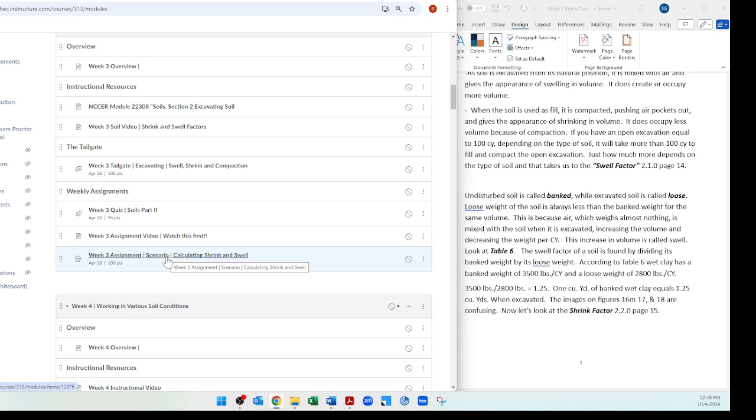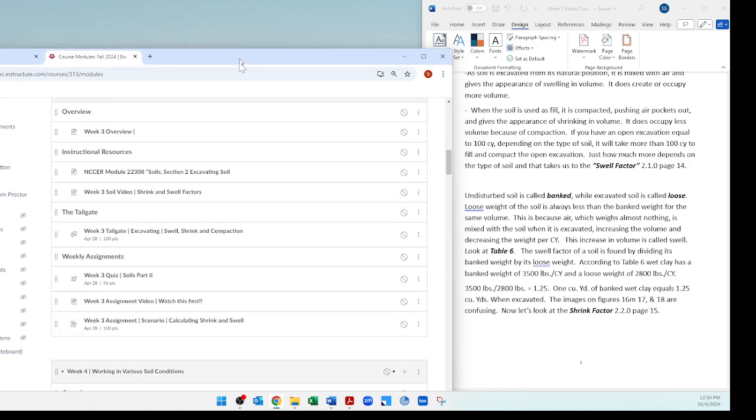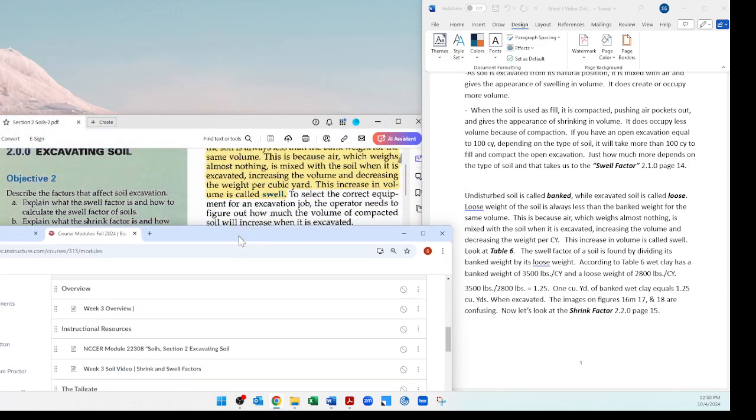There is a scenario, and that scenario is located on page 17, I believe it is, of the Section 2 portion of the NCCER module. And so it'd be on page 17. And I actually have it hiding up here somewhere, right there.